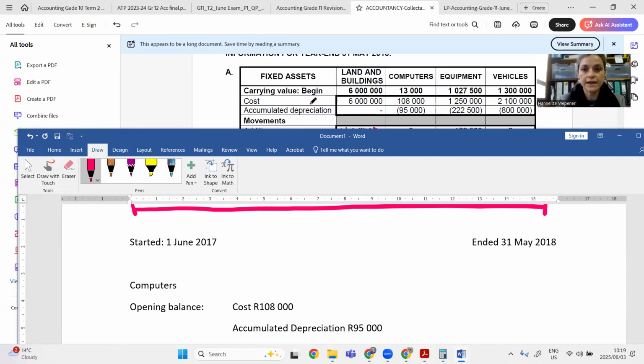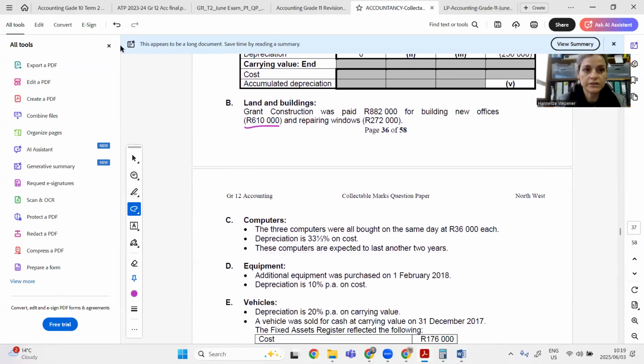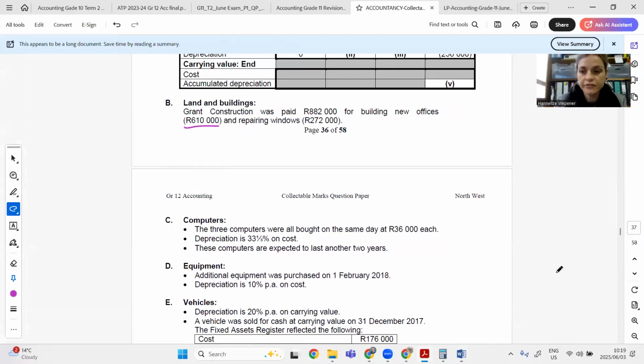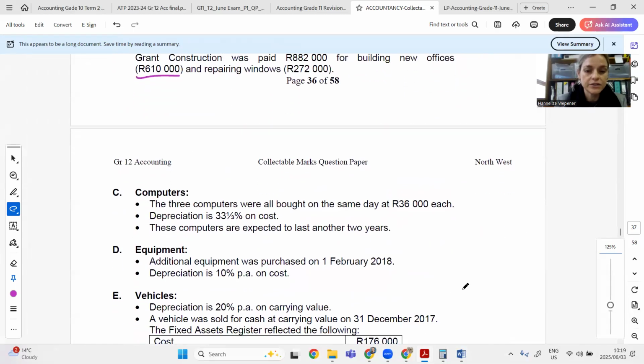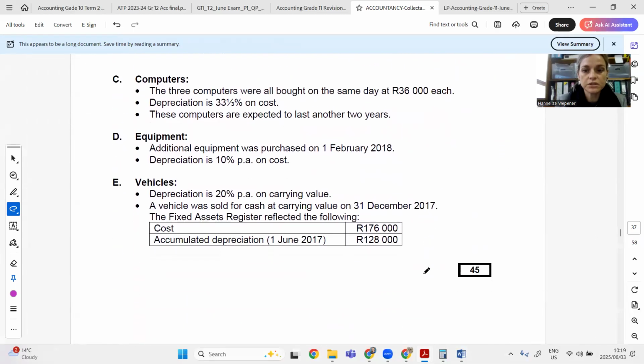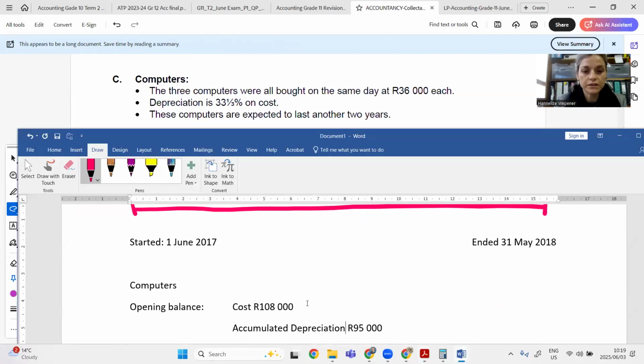So on the first day, then they want you to now calculate the depreciation for the year. So we'll go to the additional information. Information C is about our computers, and it says that 3 computers were bought on the same day. So in other words, you have owned all 3 computers included in this cost.